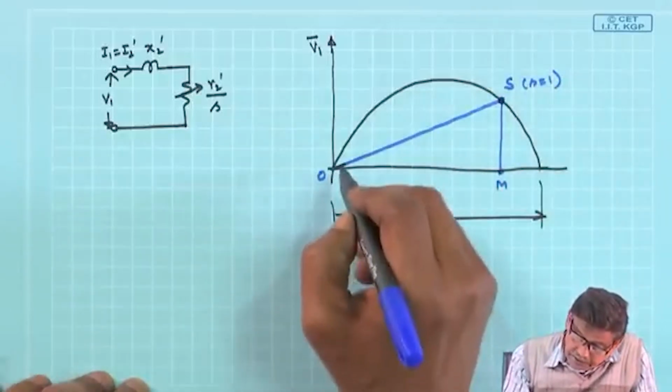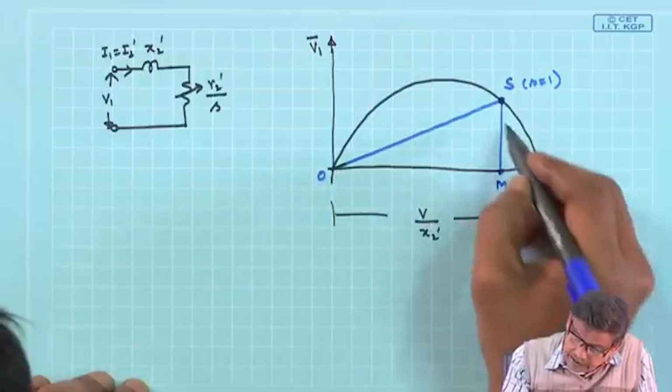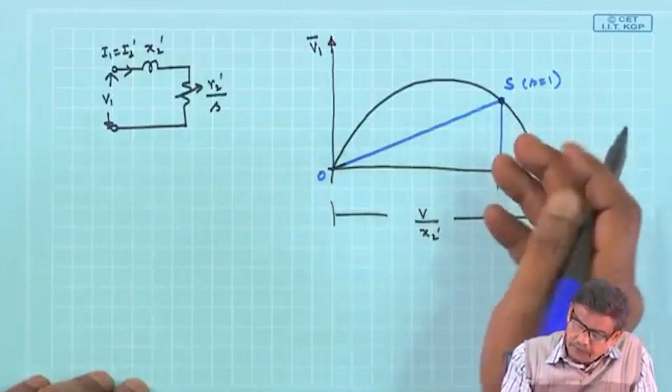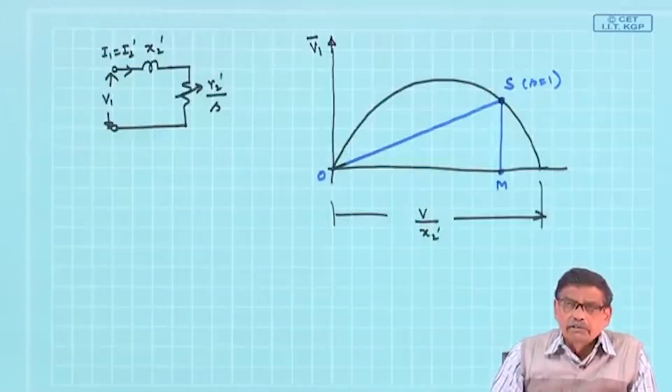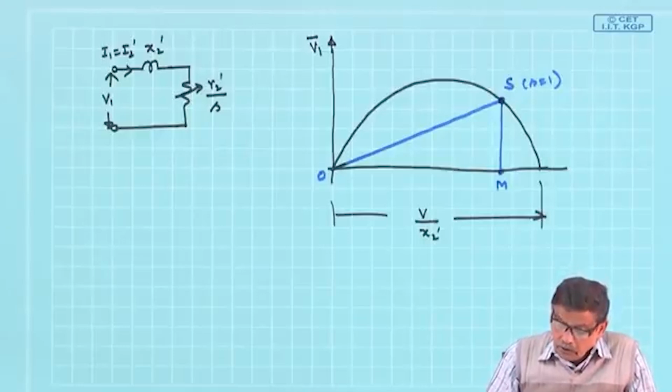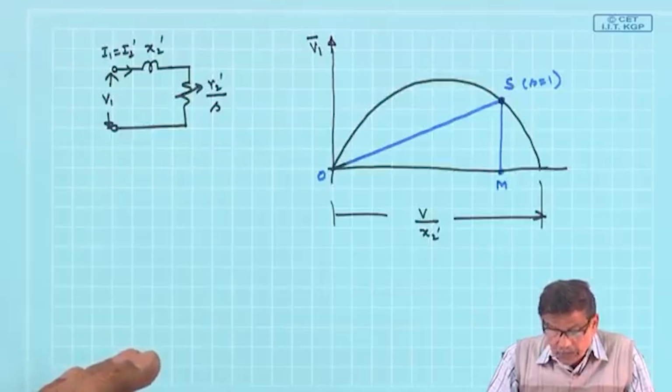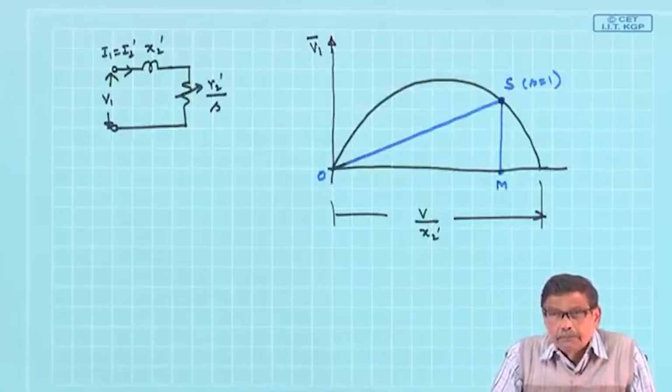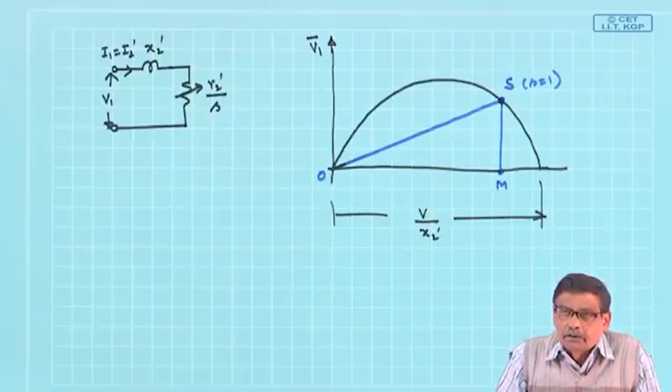Now, SM therefore represents both rotor copper loss as well as the torque developed in the machine. Mind you, the machine is not rotating, you have blocked it, but it is experiencing that torque.